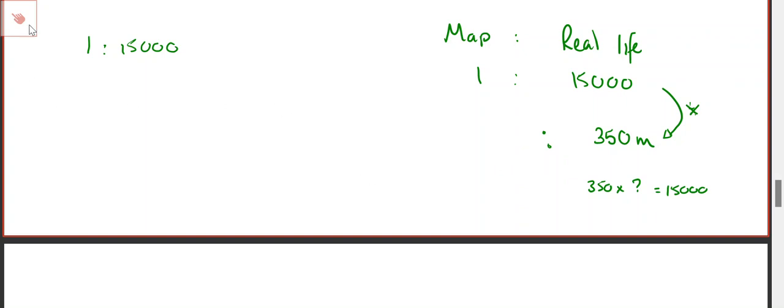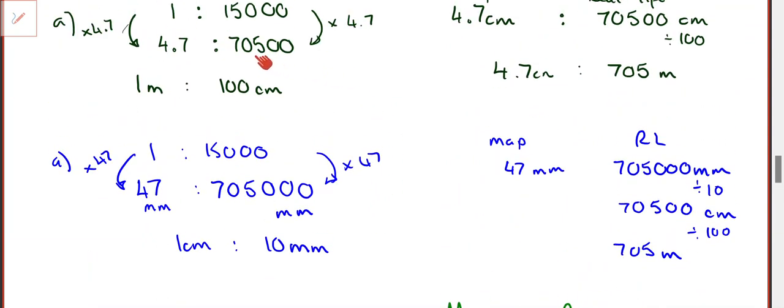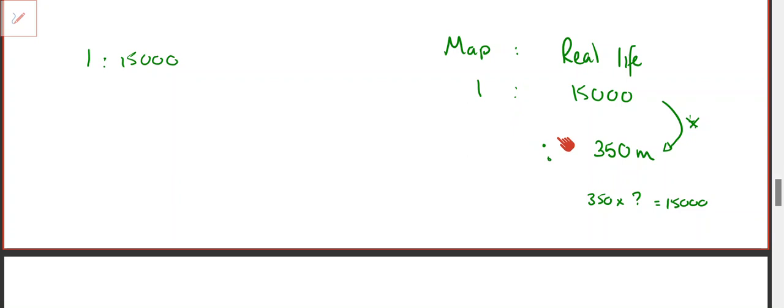In the previous example, we knew what it was on the map and we were working out real life. This time round, we know what it is in real life and we want to know what it is on the map. So we're doing it the opposite direction. What we can do is actually, I'm going to do it in 2 steps like we've done before.